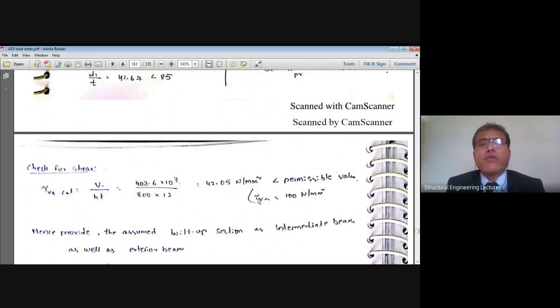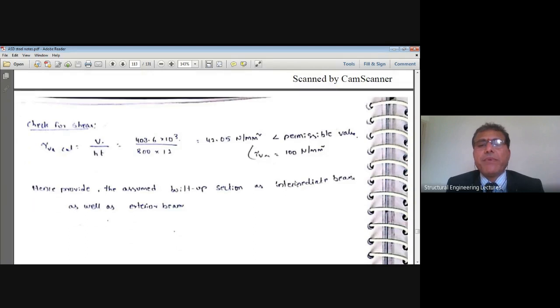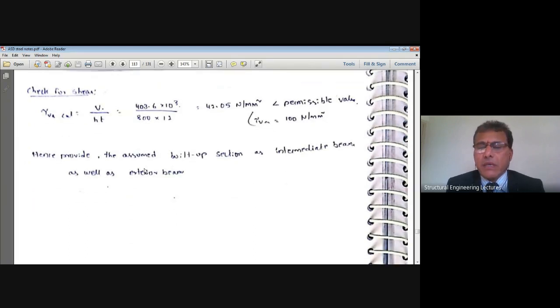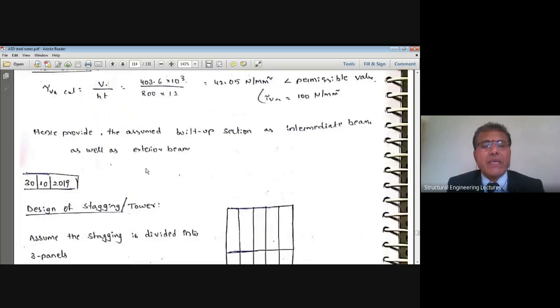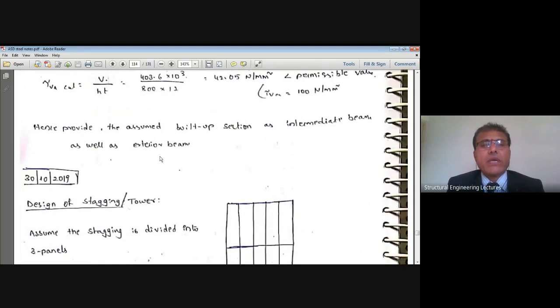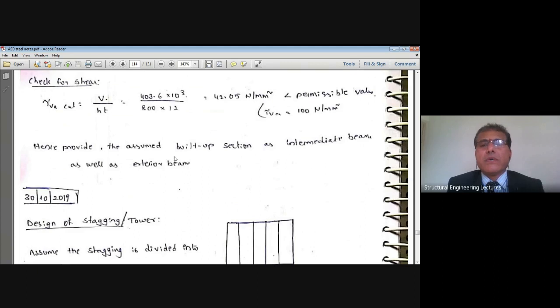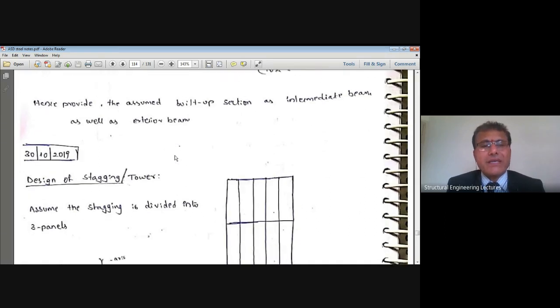That works out to 42.05 MPa, which is much less than the permissible average shear stress of 0.4 fy, 100 MPa. Therefore, our assumed section is okay, right? That is how the design will be done for the intermediate girders.